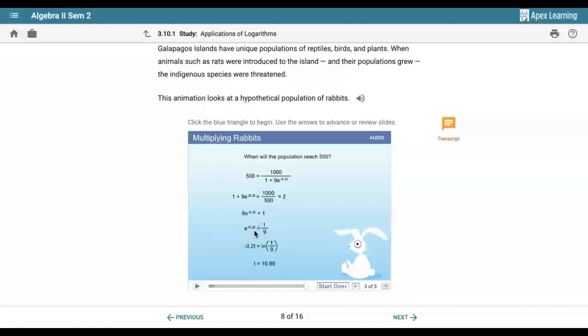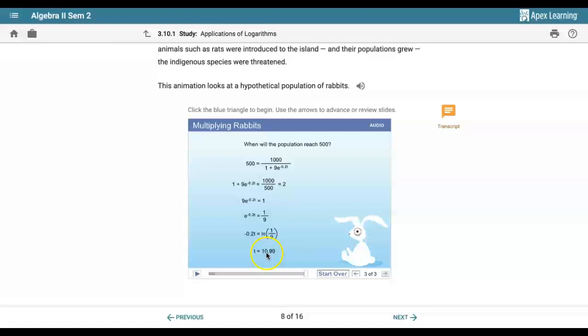When we apply ln to both sides, ln and e cancel out, and we're just left with this constant here. Then we have ln of 1 over 9. So we're able to easily solve for how long it would take for the population to reach 500.